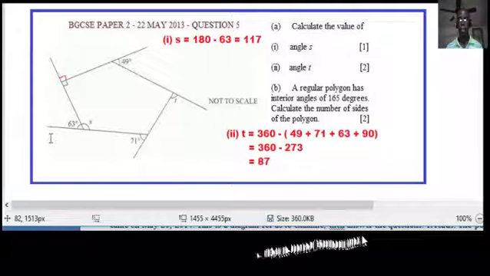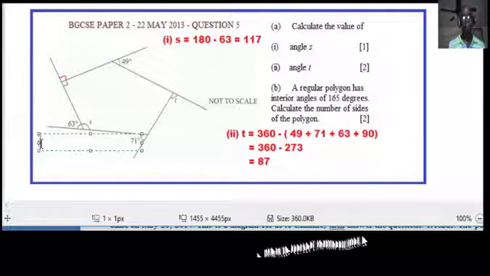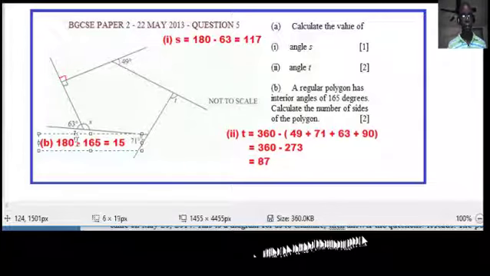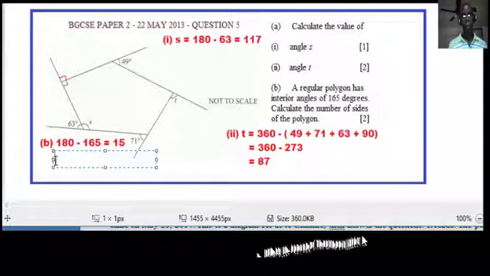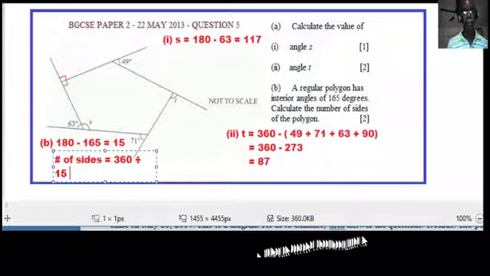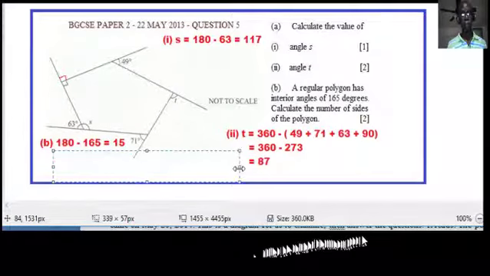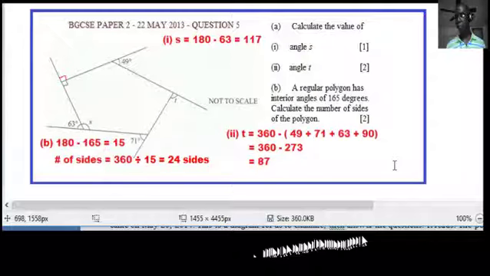Then you divide 360 degrees by the size of one exterior angle to get the number of sides. The result is 24 sides.